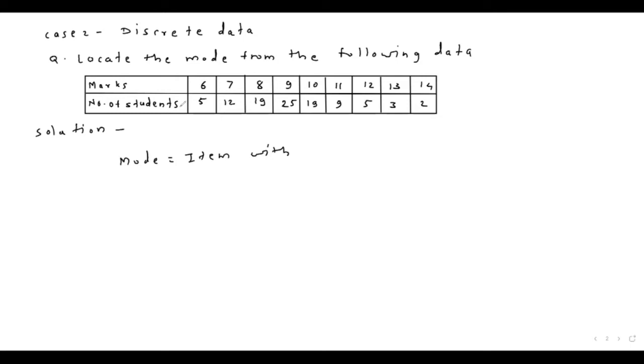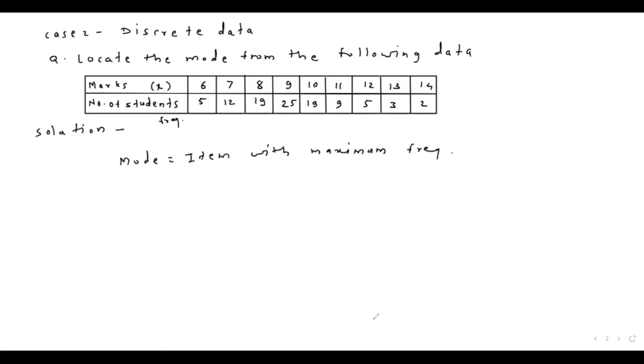Over here the number of students is nothing but the frequency, and these marks are nothing but the values of items, which is say X. So we need to locate the item with maximum frequency.